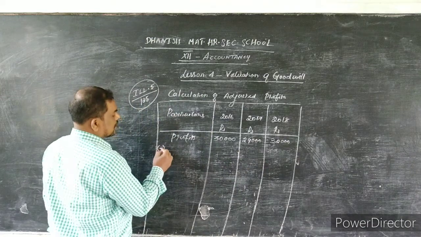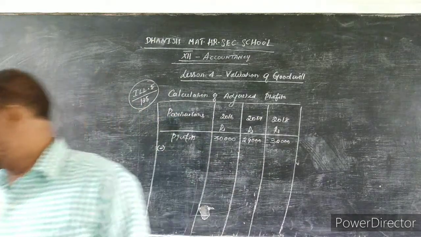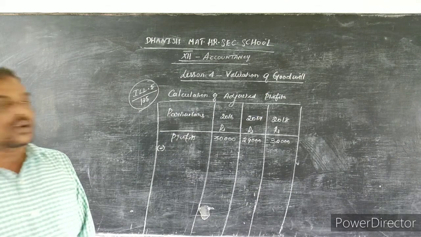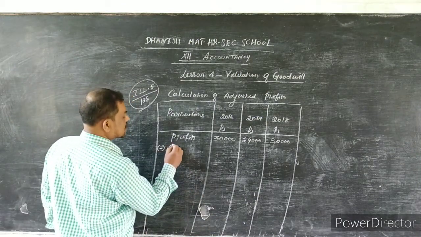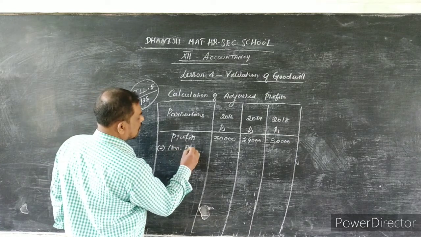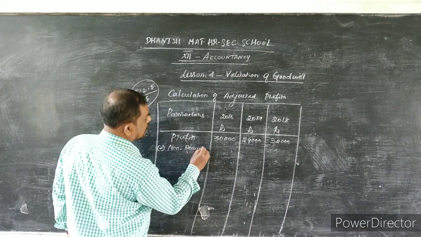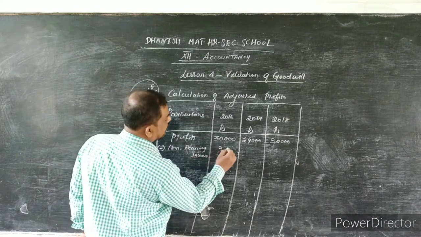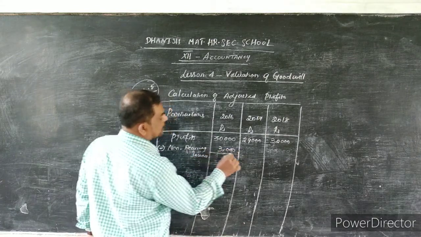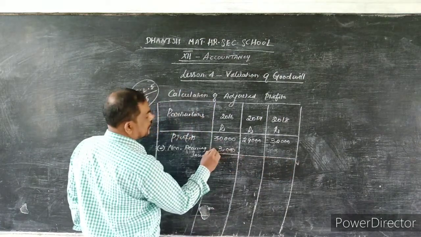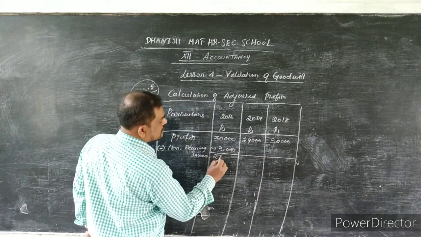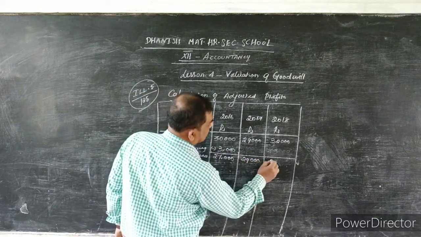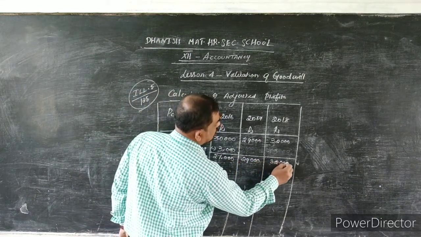Less: the first adjustment is non-recurring income included in the year 2016, rupees 3,000. So less non-recurring income in the year 2016. 30,000 minus 3,000 gives 27,000. Then 29,000 and 32,000.